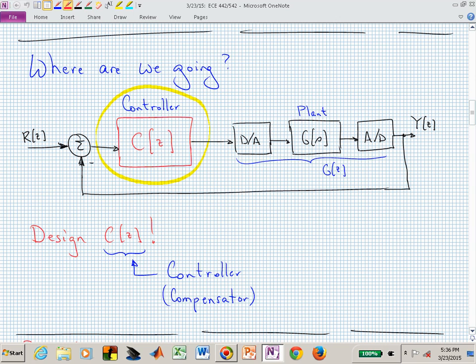And the idea behind designing capital C of Z is to make that entire block behave the way we want it to behave. Meaning between the reference input R and the output Y, we maybe have a good idea as to how we want that performance to look or what we want the system to behave like.